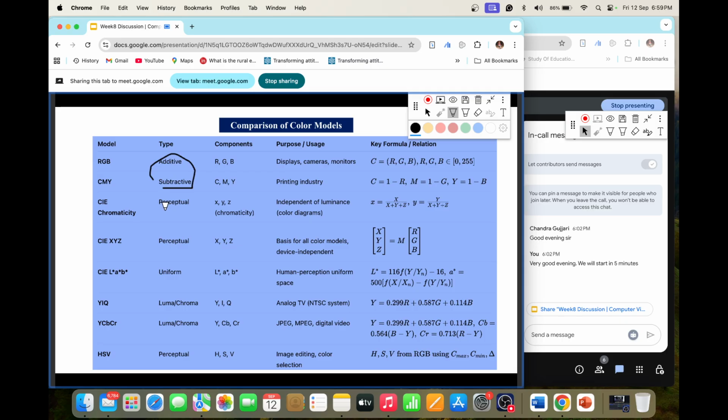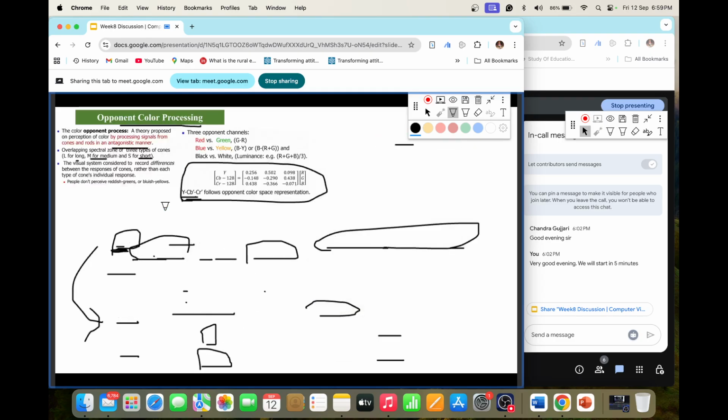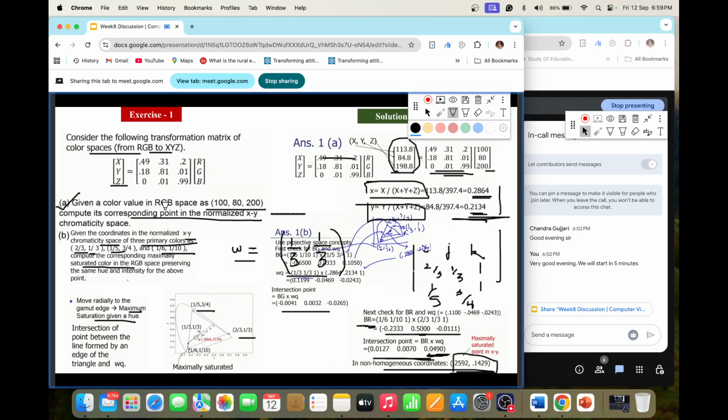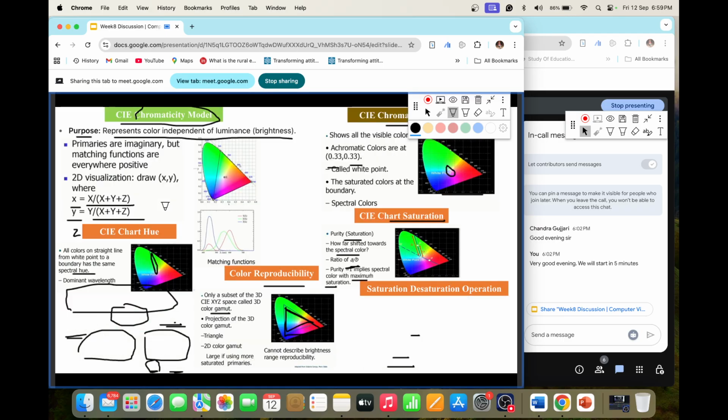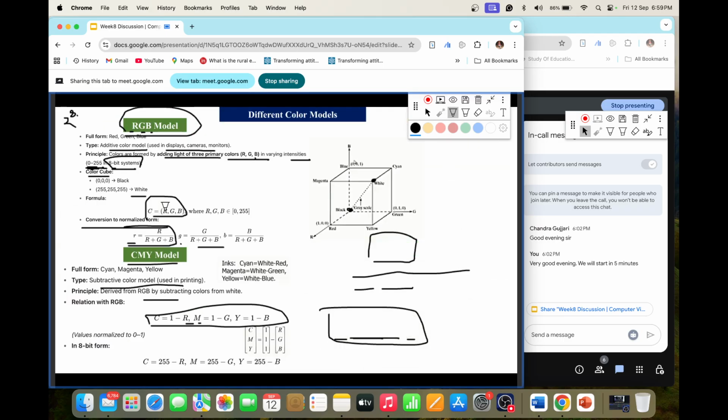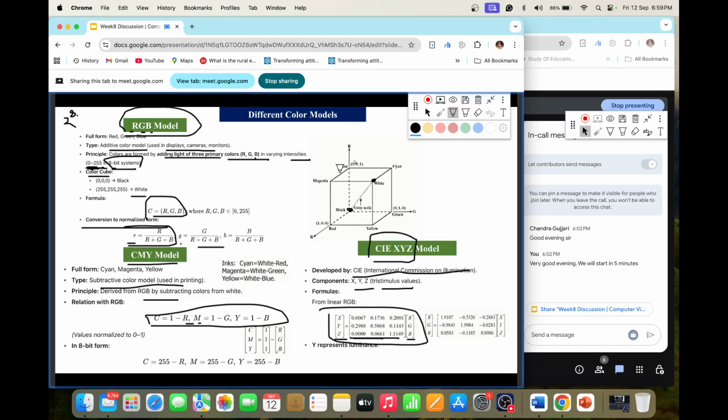Perceptual is nothing but whenever we convert into the CIE XYZ model. So perceptual means we give more value to this Y, because the matrix is such that Y represents luminance.